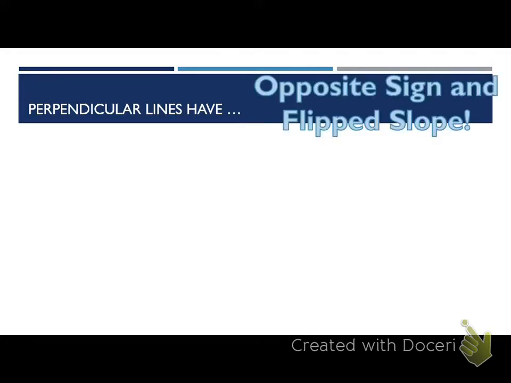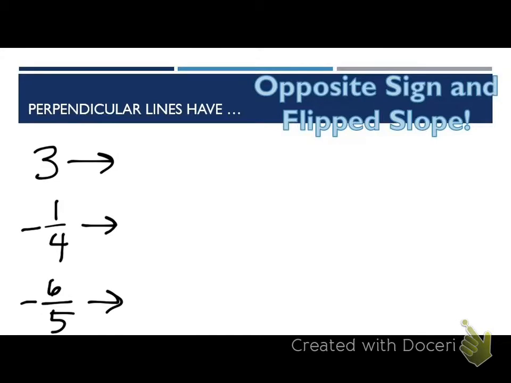Okay, so perpendicular slopes, they're opposite sign and the flipped slope.